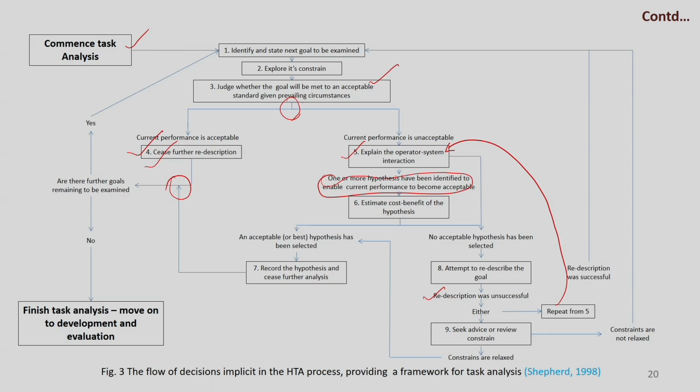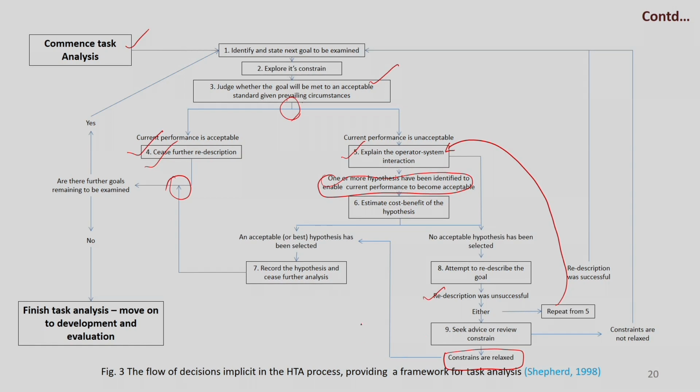Maybe those constraints are not within your capacity to define. So, you can redefine, you can take a review, you can take experts' comments, you can do further analysis, and finally, you relax those constraints, meaning you are trying to minimize them, you try to fix them. Once it is done, it goes back here. So, step 7, relaxing, means you are going back here, and again you are ceasing the analysis.